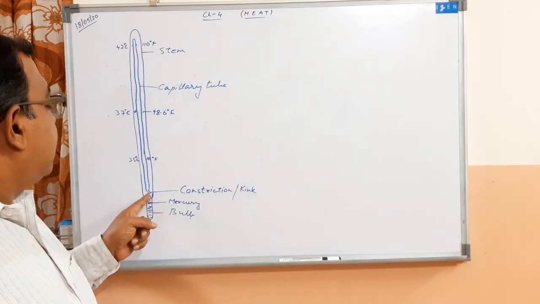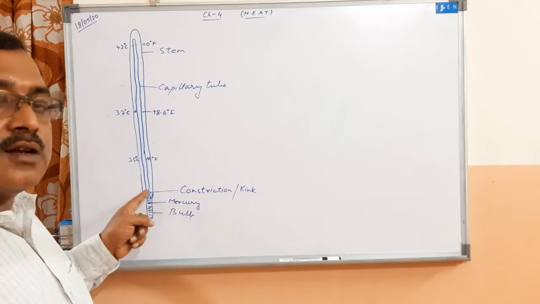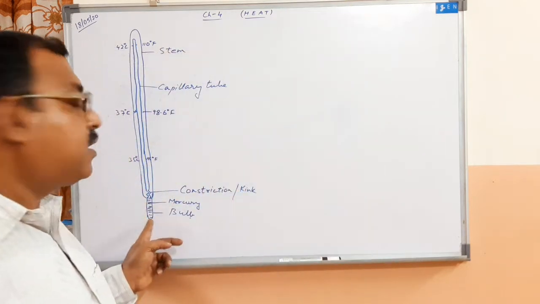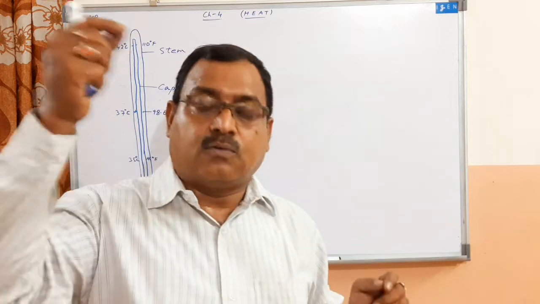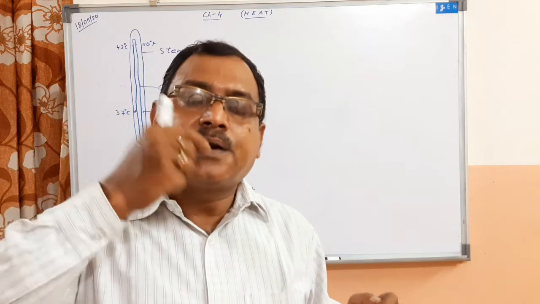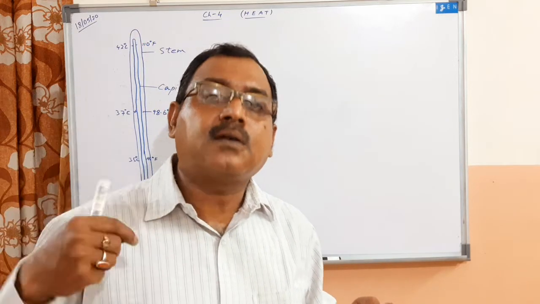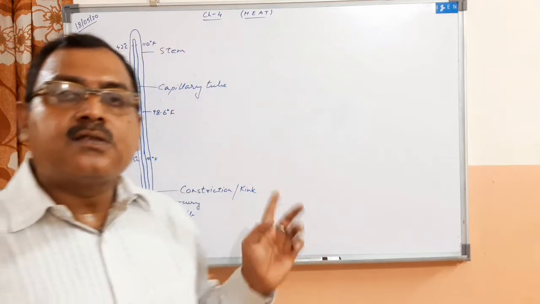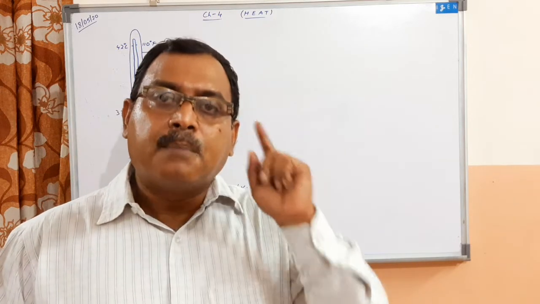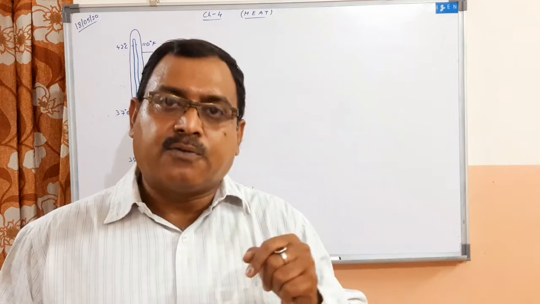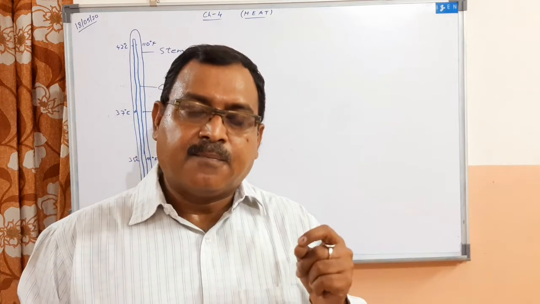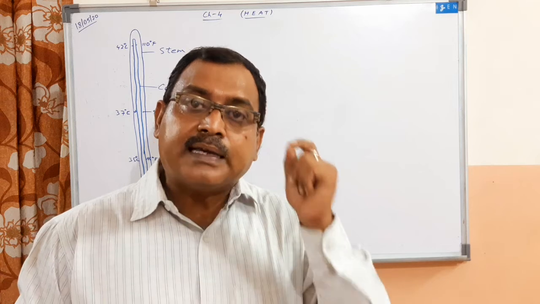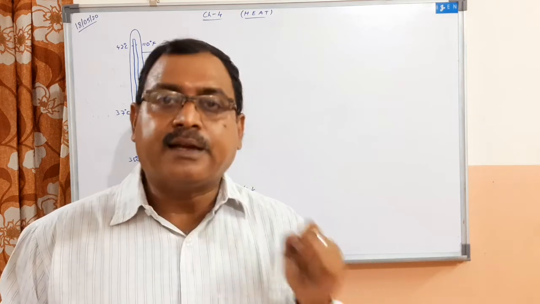Now, this constriction does not allow the mercury to come back and fall into the bulb once it is taken out from under the tongue or from your armpit. So the main advantage of this constriction is to prevent mercury from falling down instantaneously. Then this will help you to record the accurate reading.